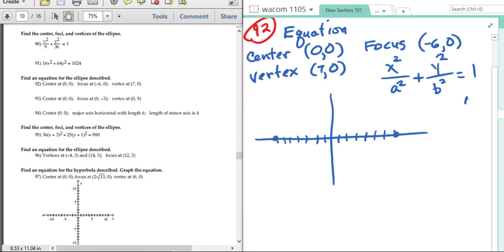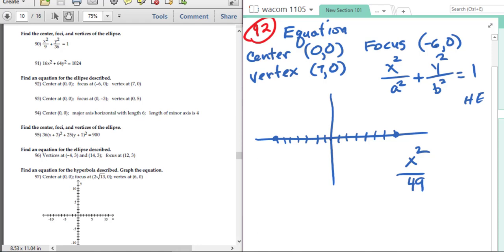So it is going to be a horizontal ellipse. And the 7 gives my a. So this is going to be 49. So I have x squared over 49.